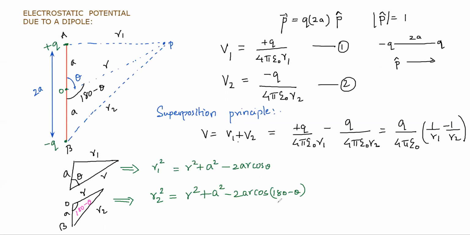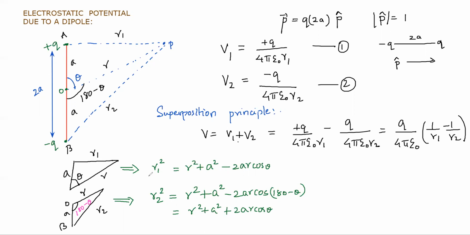In the second quadrant, cos theta is negative. So what you get is R square plus A square plus 2AR cos theta. I will explain this again later.